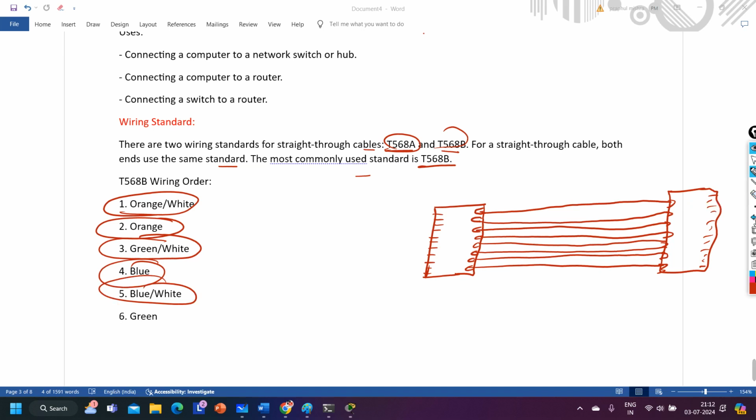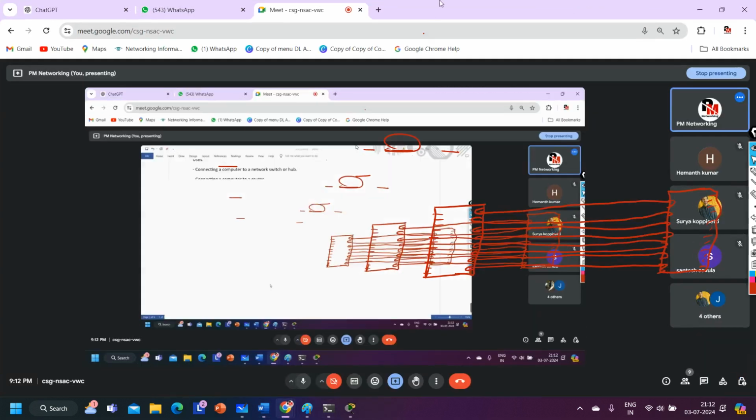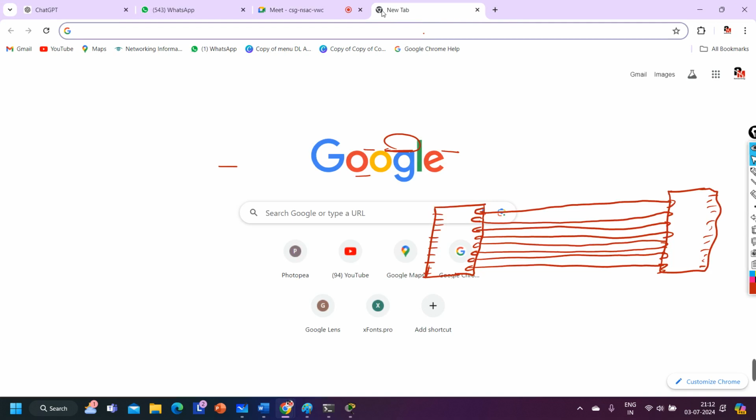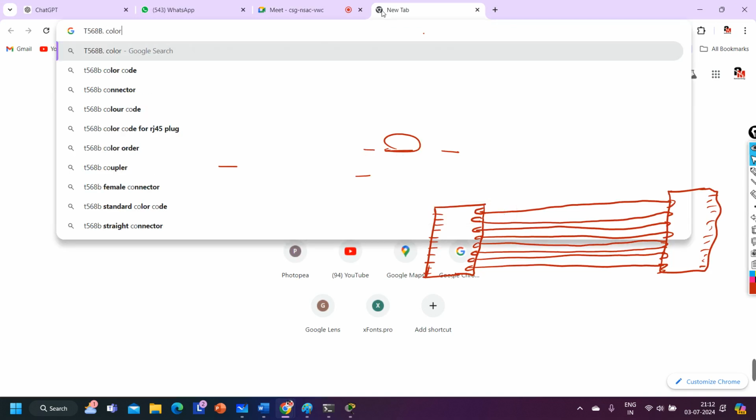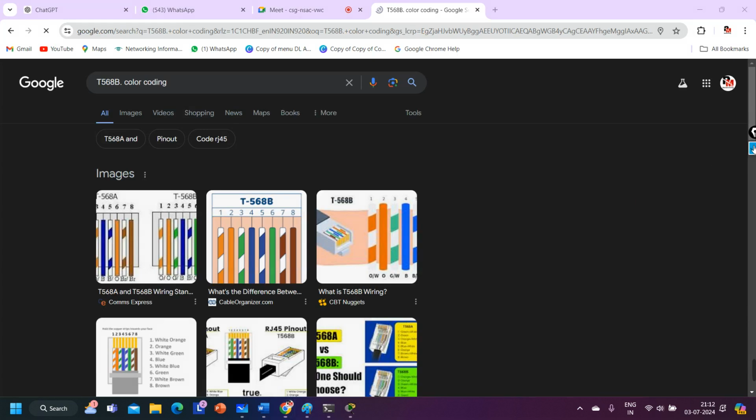If you want to see, you can simply search it in Google. It will show you how it looks. Like this.